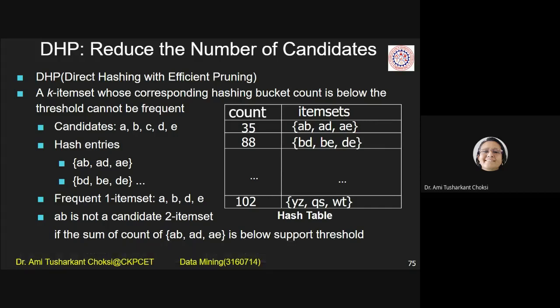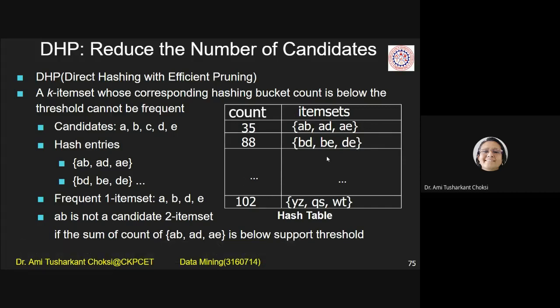Are you getting this? See, for the items A, B, C, D, E, we have A, B, D, E as frequent. So the hash entries according to the database transactions are AB, AD, AE, BD, BE. Right? These are the items available in the hash entries.